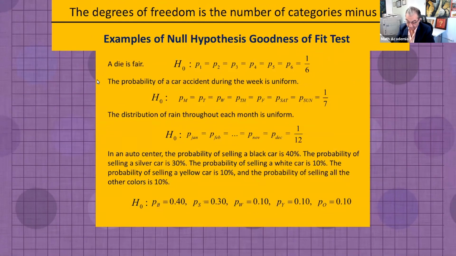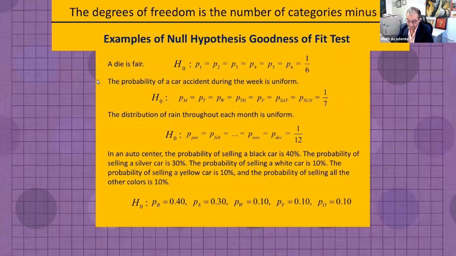The probability of a car accident during the week is uniform. So uniform means P Monday, P Tuesday, P Wednesday, and so on equals 1/7. And don't forget, this is always for H0. H1, we're going to talk about that.